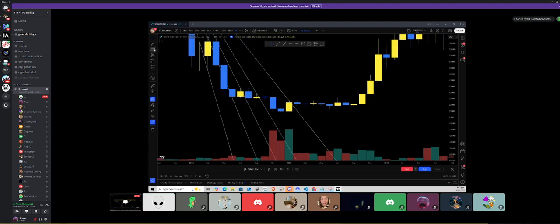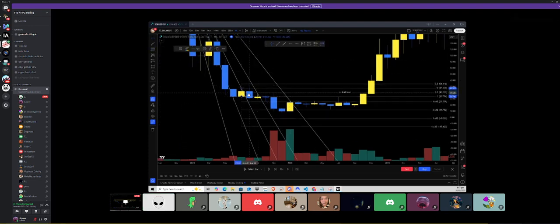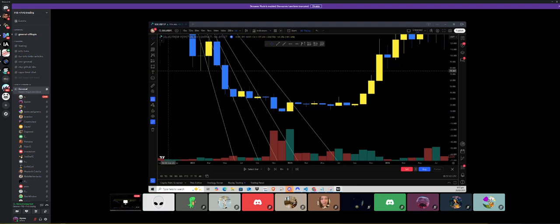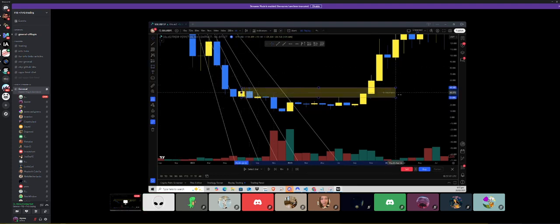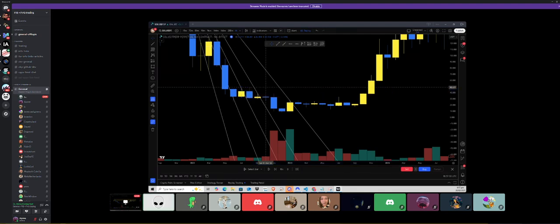If you zoom in, if you were trading fibs, there's your break, there's that rejection. It's just going to keep going down. If you were trading support and resistance, this creates resistance, short into that, down it goes. So whichever way you're doing it, it's all kind of the same.